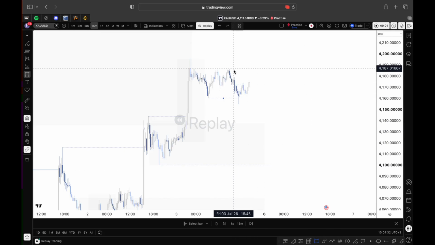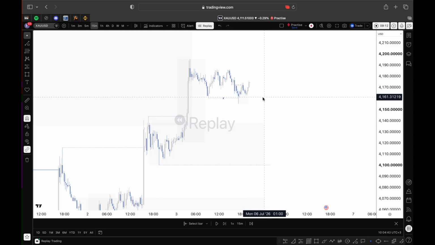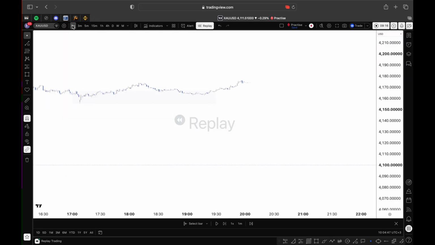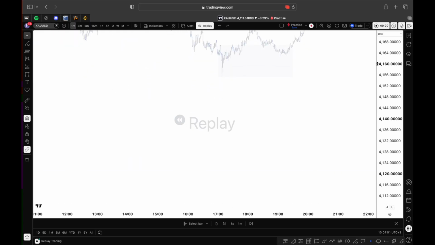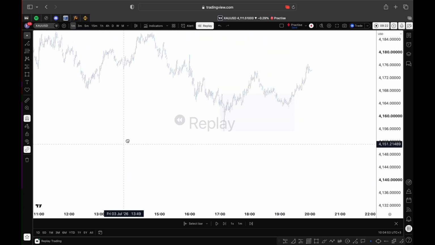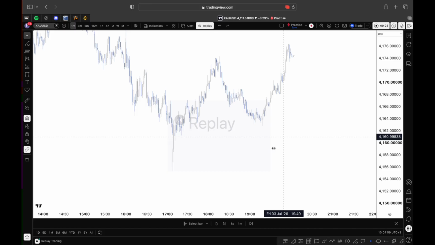So this zone had already been tapped, that demand zone on M15. I think it gave an entry there. Can check on that. Did get involved there, but looks like a clear one. Liquidity sweep, change of character, and now we are waiting for pullback into the zone.